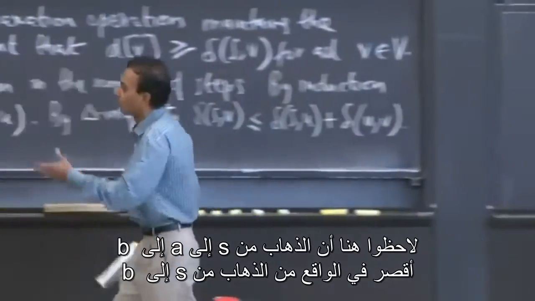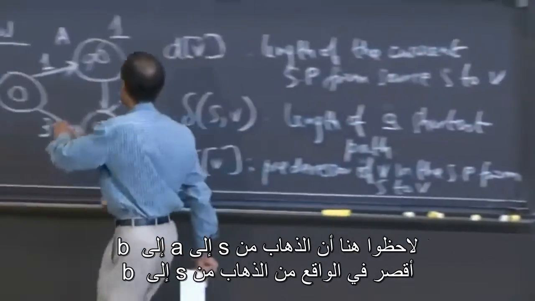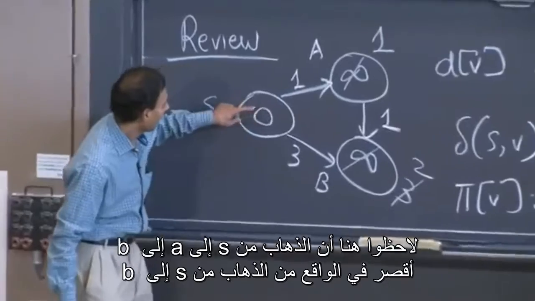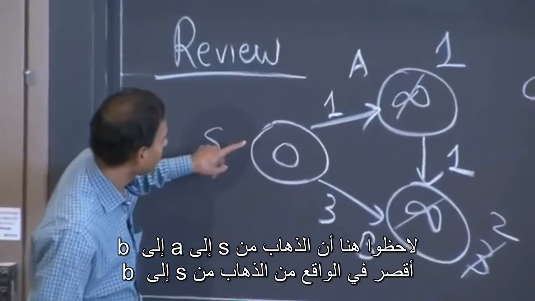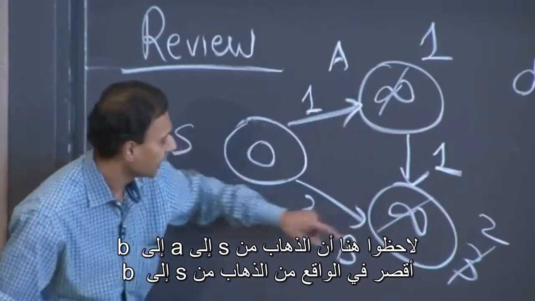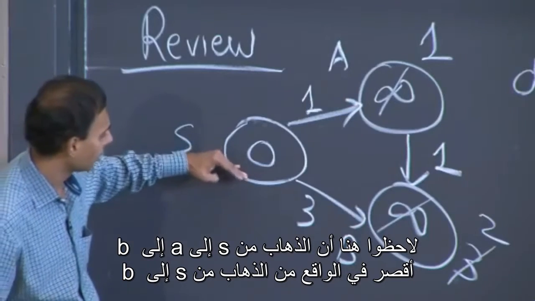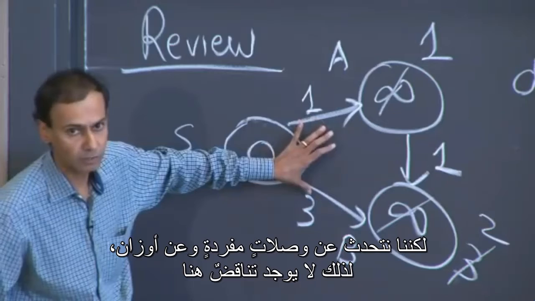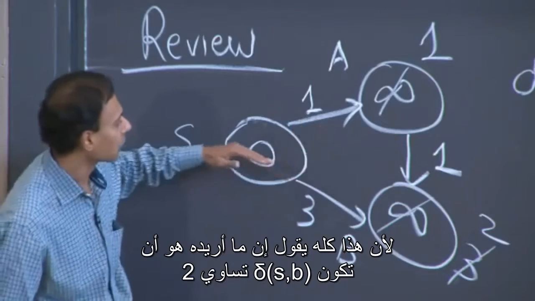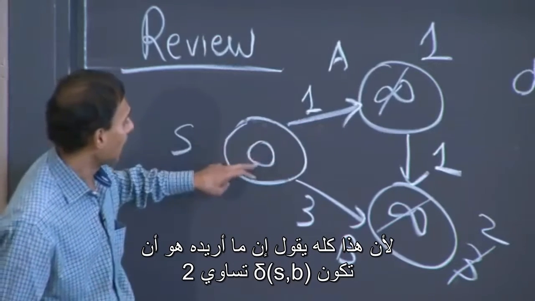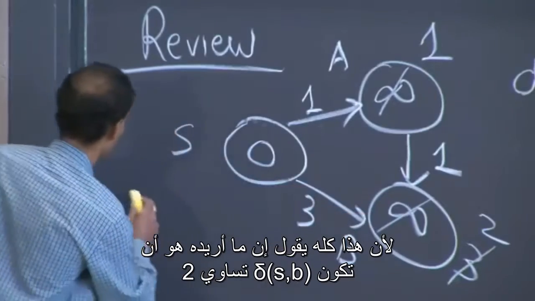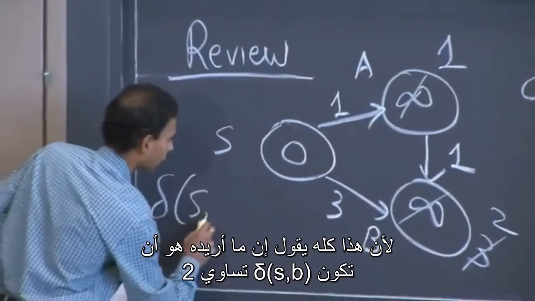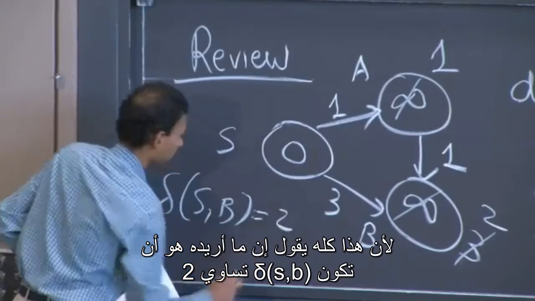Notice that what I have here is something where going from S to A to B is actually shorter than going from S to B. But these are single edges we're talking about. These are weights we're talking about. And there's no contradiction here, because all this says is that delta S comma B is going to be 2.